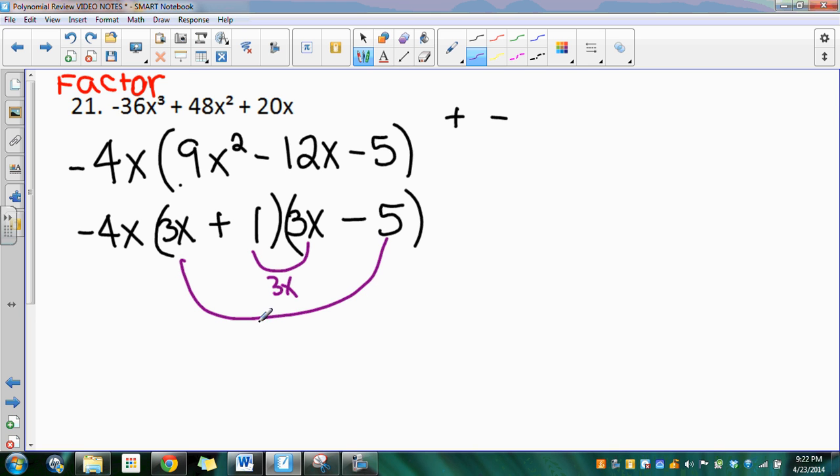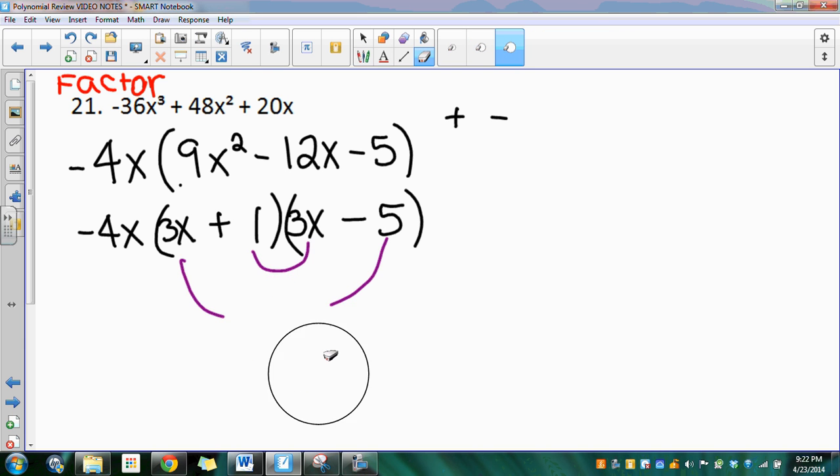And multiplying the outside terms, 3x times negative 5 is negative 15x. And when you add these, we get negative 12x, which is what we wanted. Good. So we factored it correctly. So right there's our answer.